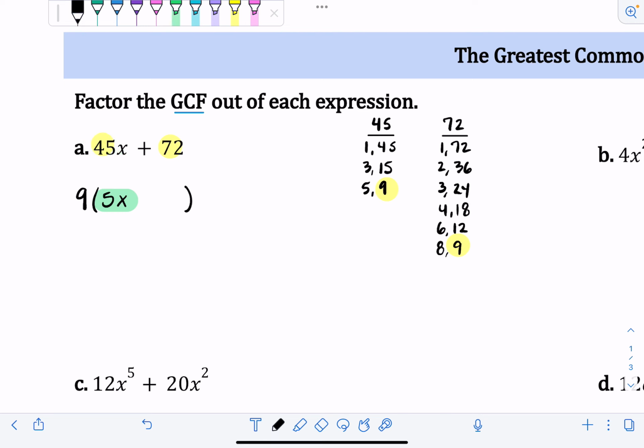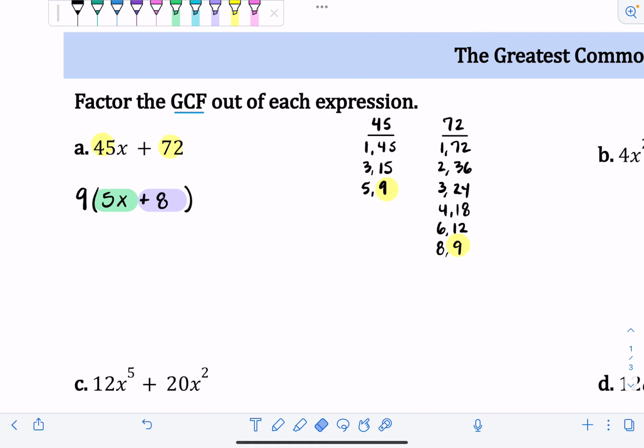And then I can do that same thing with the second part. So 9 times whatever I'm about to put here would have to bring me back to that 72. I would have to multiply 9 by a positive 8 to get this positive 72. So that's one way of doing it.